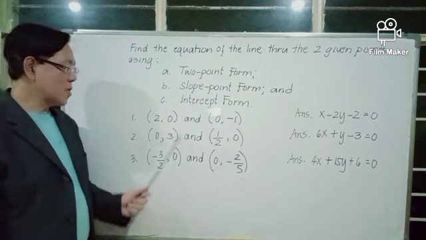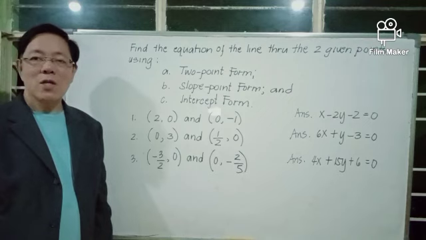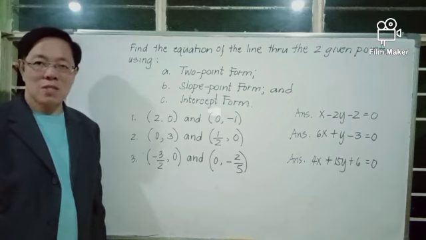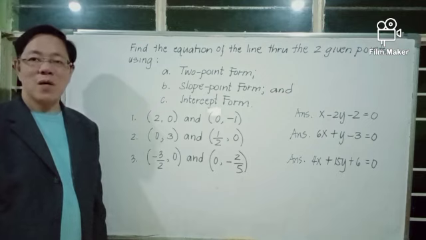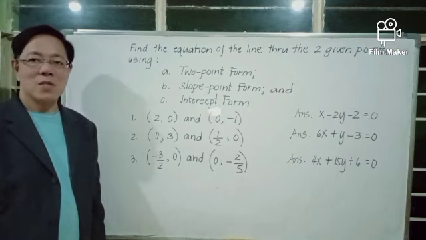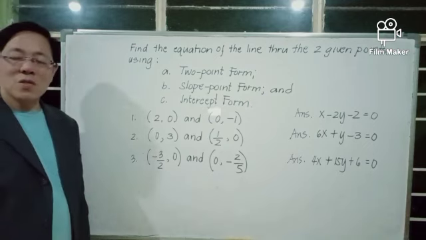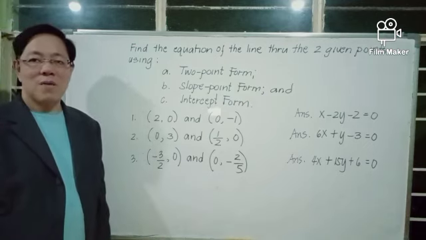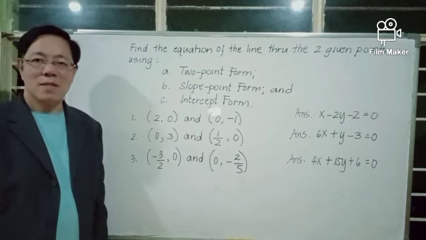Thus, for each of these numbers you will have 3 solutions, but you must obtain the same equation for those 3 methods. And please also sketch the graph of the equation of the line you obtain.